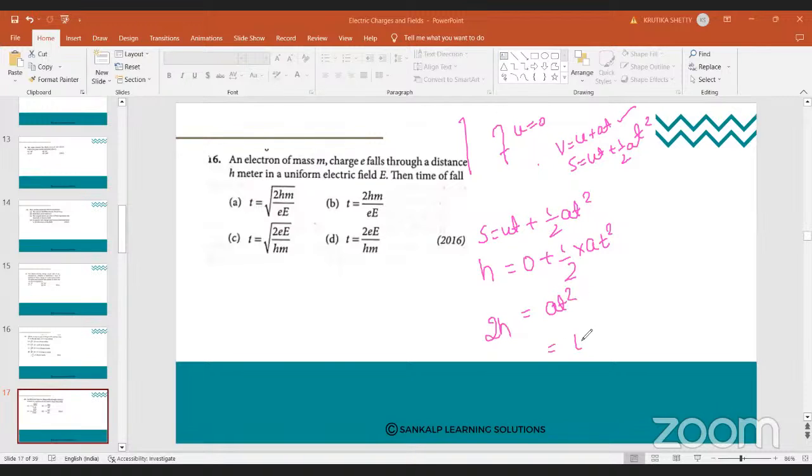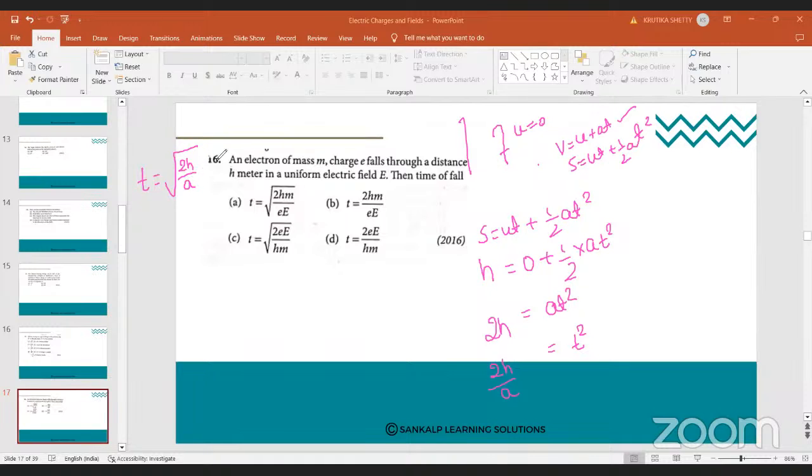Therefore t square is equal to 2h divided by a, or t is equal to under root of 2h by a. But they have not given 2h by a directly. So one thing is clear, we are getting the answer under root.